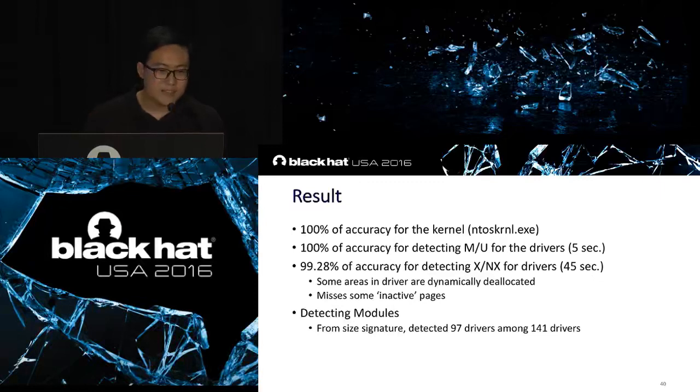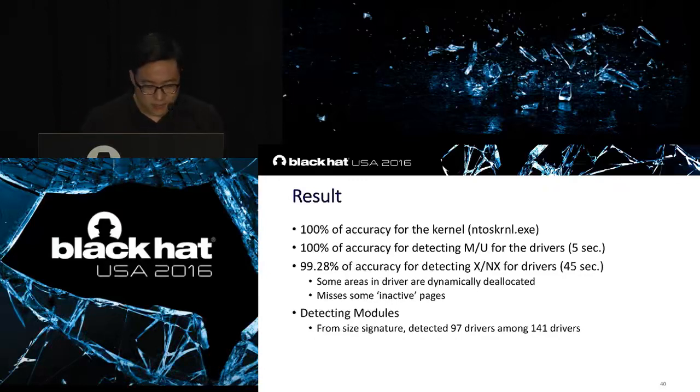The reason is that in Windows, drivers have some memory areas that can be dynamically deallocated or have their permissions changed. So at the time of the attack, we correctly measured the timing, but later it could be changed by the driver. In addition, TSX has an inherent limitation: if the page is marked as inactive, we cannot measure the timings.